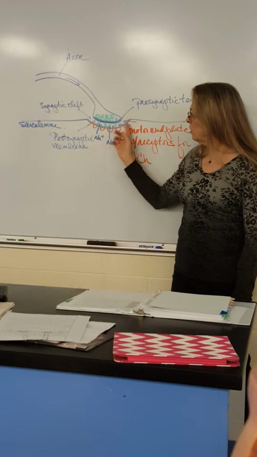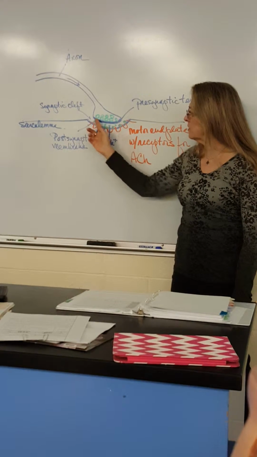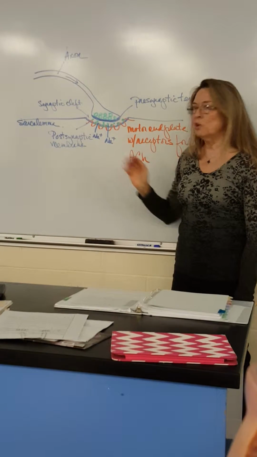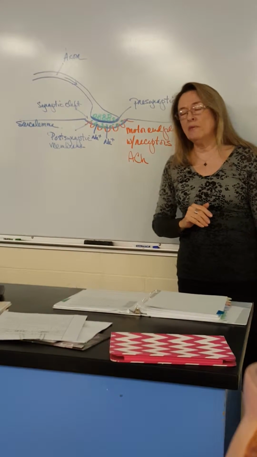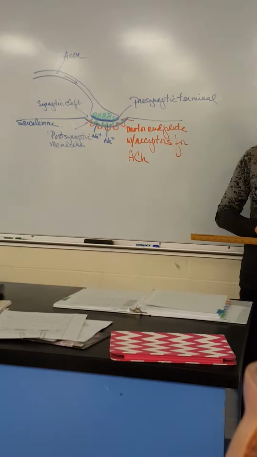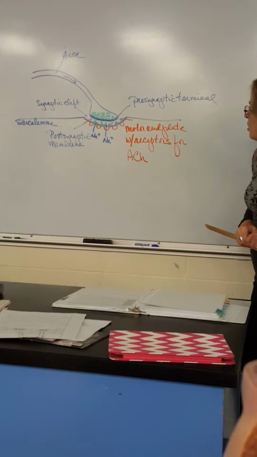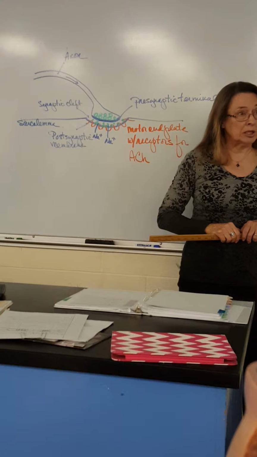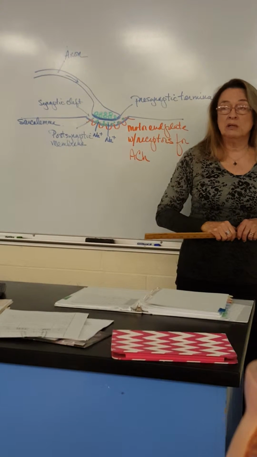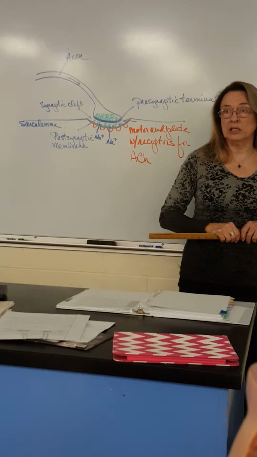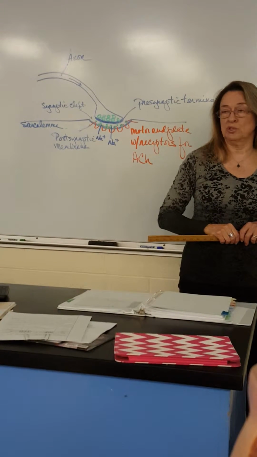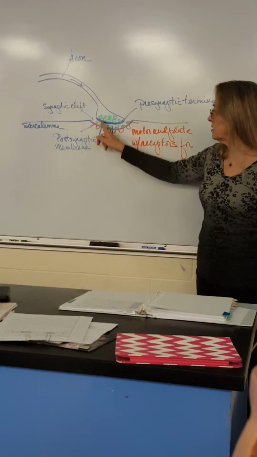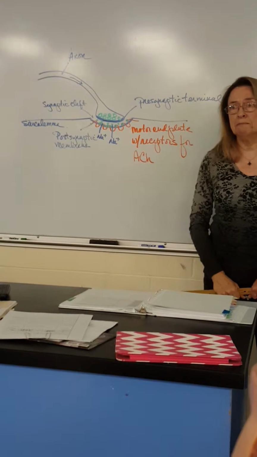If those neurotransmitters are released into the synaptic cleft, they come across and bind with receptors on that postsynaptic membrane. That area where the receptors are found is referred to as the motor end plate. The motor end plate is basically part of the postsynaptic membrane. And we identified the motor end plate as that white wavy line, didn't we?